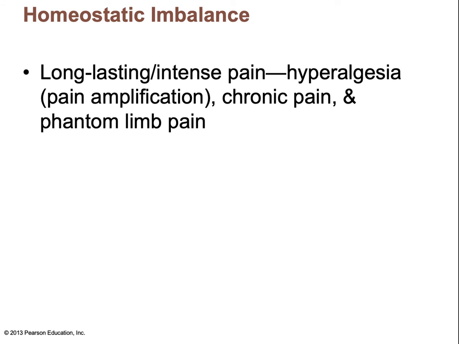Obviously the pain's not coming from the limb; it's coming from the damaged nerve endings and the map of the body that the brain is still utilizing to assign perception. Okay, over time, phantom limb pain can fade away. Chronic pain may or may not.